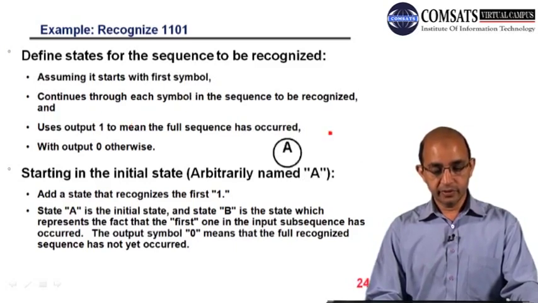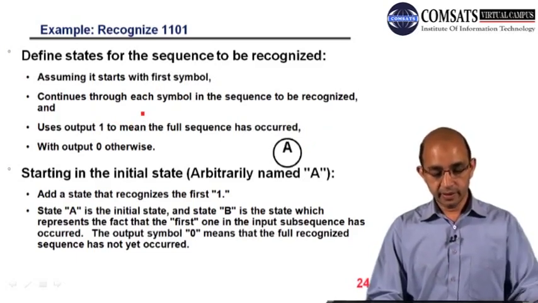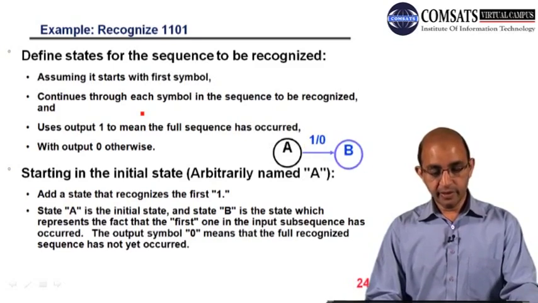So this is the first symbol, and then we continue through each symbol. Here you can see 1 has occurred, this is input and this is output, and we have moved from A to B, which means 1 has occurred.